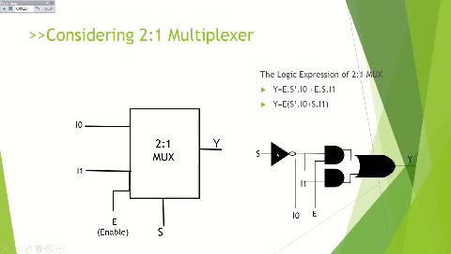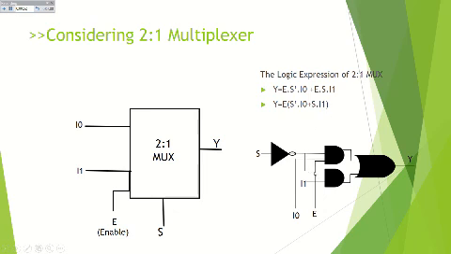So when you take this AND gate, it's carrying S not and it's also carrying input 0. This X here is telling you it can be any input. And when you come to this AND gate, it carries S as it is here, and it's also carrying input 1.